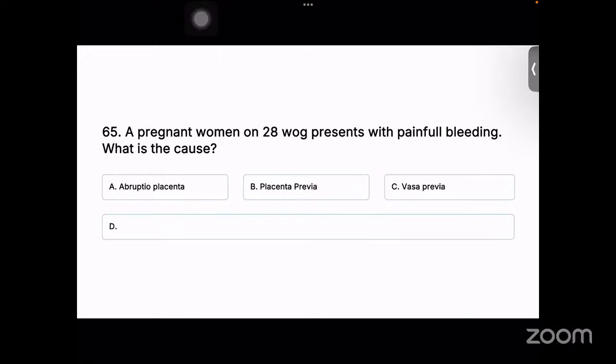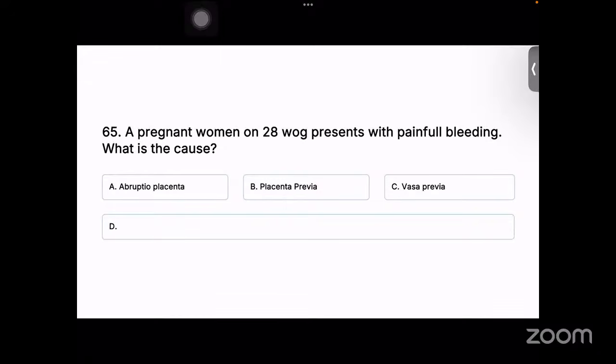I think in this question, the mention was not of 28 weeks of gestation. It was at 38 or 39 weeks of gestation, and in the history there was painful bleeding with a tender uterus. Anyway, abruptio placentae is the answer because it's an emergency here.